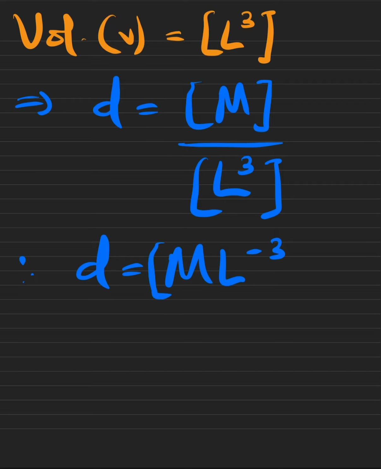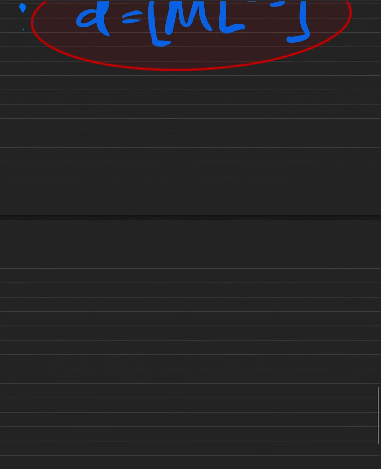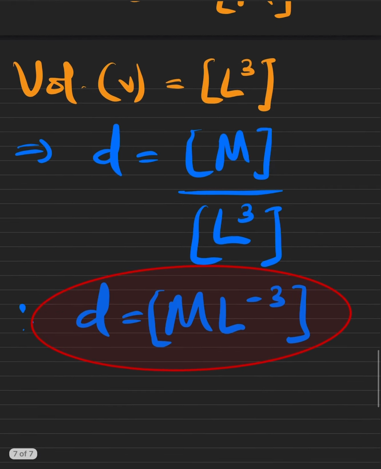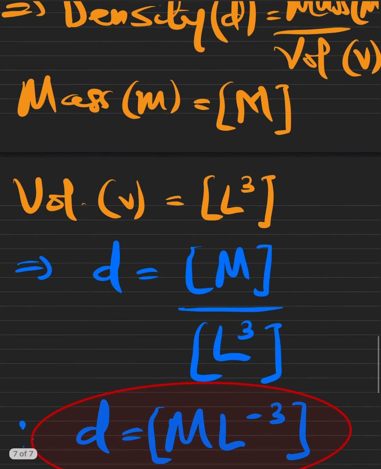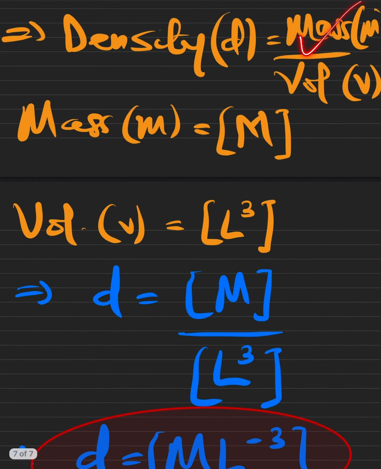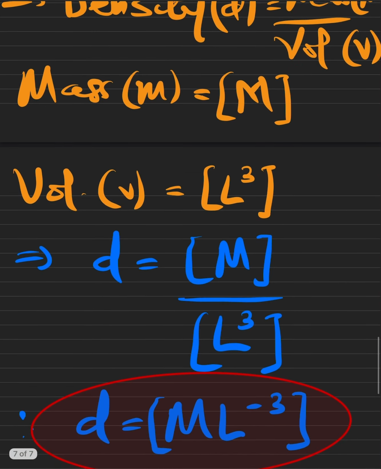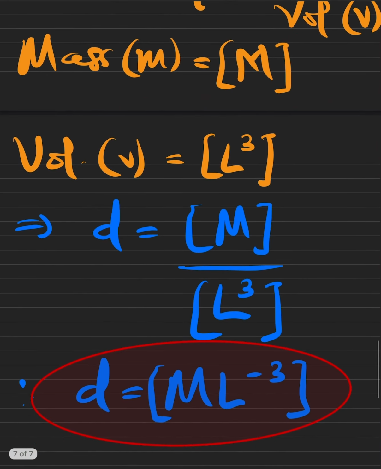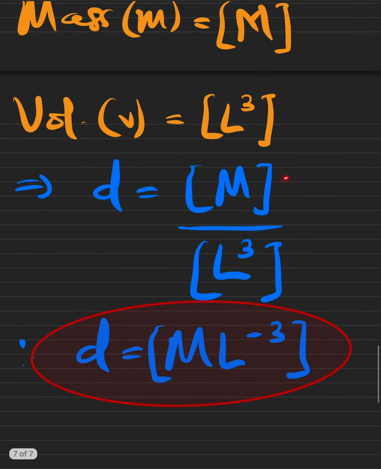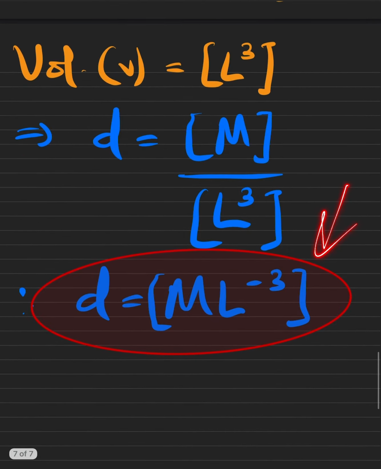We can note this so that we can come back to it later, right? So you see, that is how we have the density, the mass over the volume. We did the mass, we did the volume, then we put these formulas together, and we have this as our result.